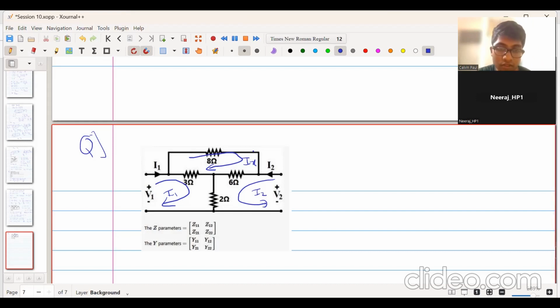Okay. Current through the 3 ohm resistor is I1 minus Ix. So you are correct. Similarly, what is the current through the 6 ohm resistor?